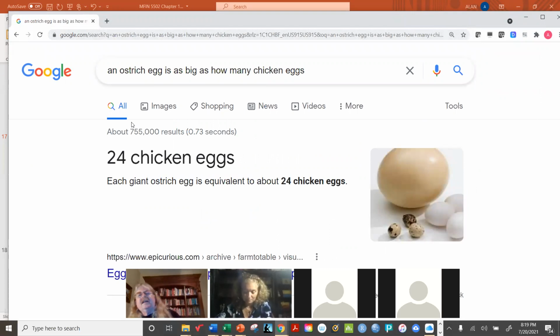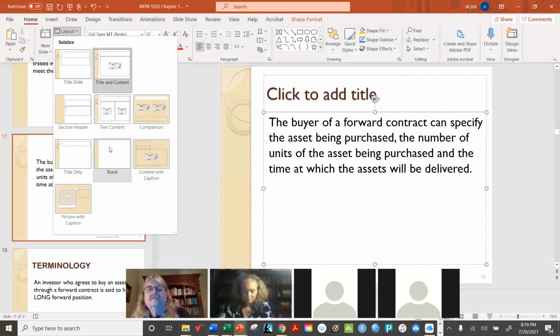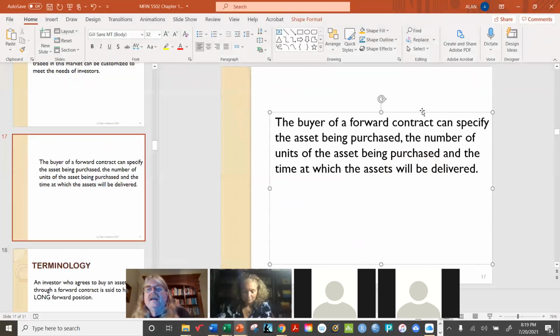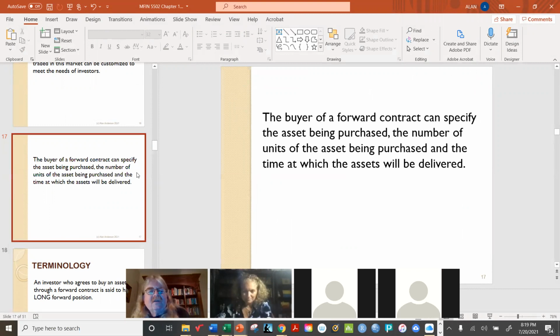I figured it was something in that neighborhood. Wow. I guess if you're making just a massive omelet, that might save you a little time. You only have to crack open one egg instead of 24.